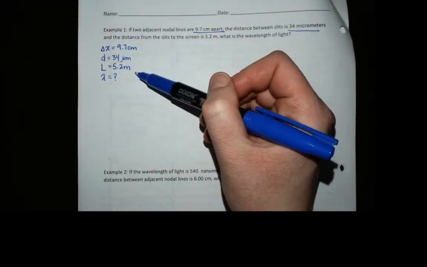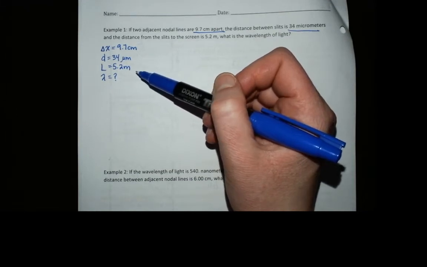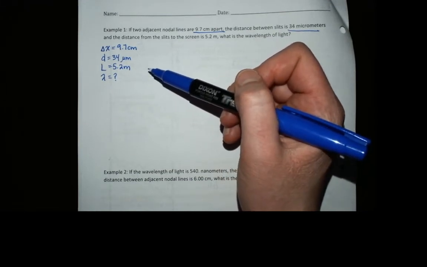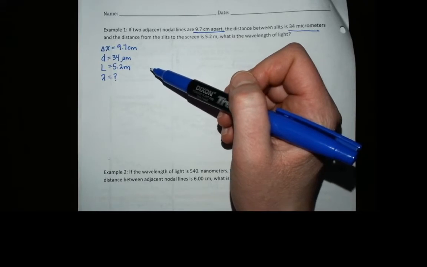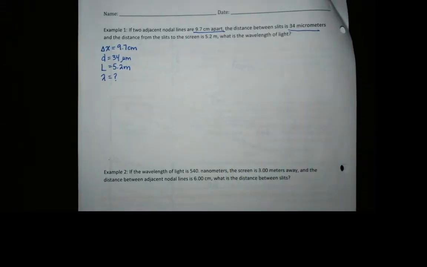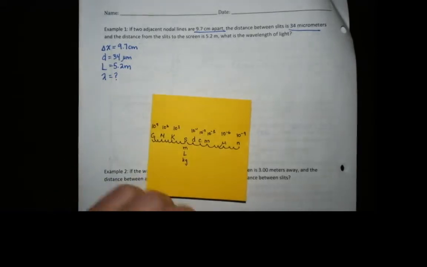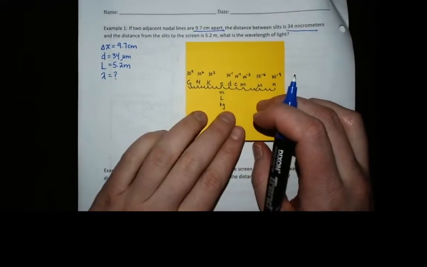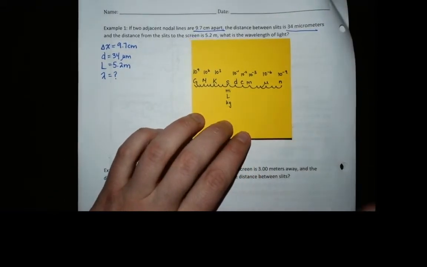Now, we have to be really careful when we do problems like this because our units need to match. And if you look, centimeters, micrometers, meters, none of them match. So we need to convert them all into the same unit before we actually do the calculation. What I suggest is that you convert all of the values to meters. It's easiest to go back and forth between the standard unit and then whatever you have. So I'm going to pull out this handy dandy little chart. It's a little small, but you should have one as well.